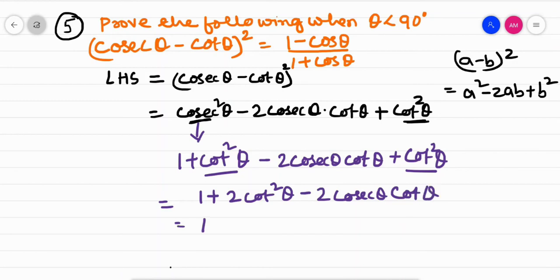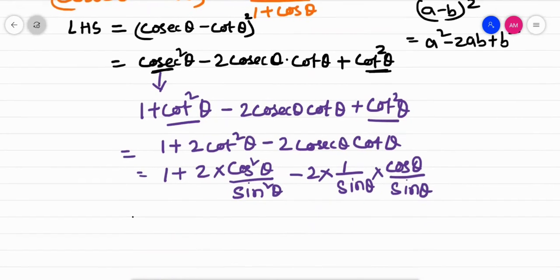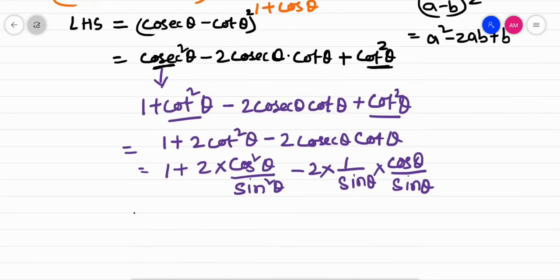This will become 1 plus 2 into cot square theta means cos square theta by sin square theta, minus 2 cosec theta, which is 1 by sin theta, into cos theta by sin theta. Okay? Is it clear to all of you? 1 plus 2 cos square theta by sin square theta minus 2 into, for cosec theta I am writing 1 by sin theta into cos theta by sin theta.